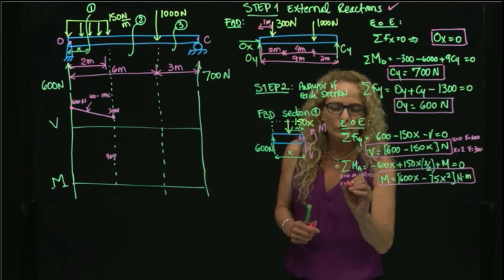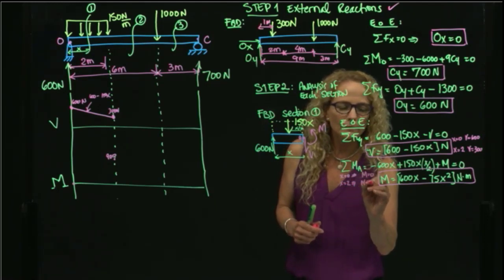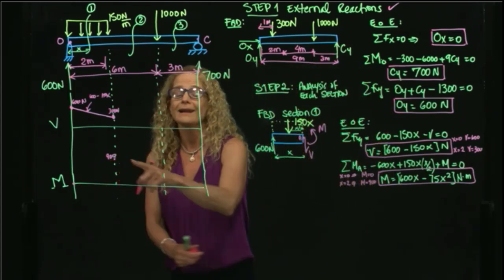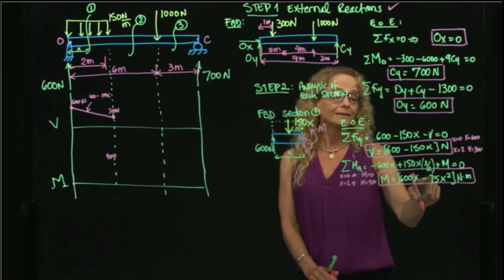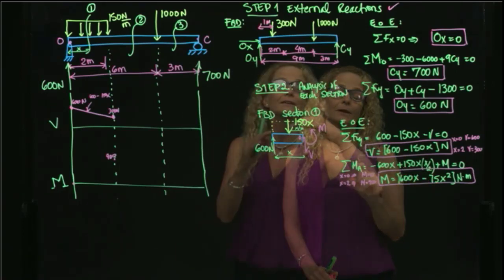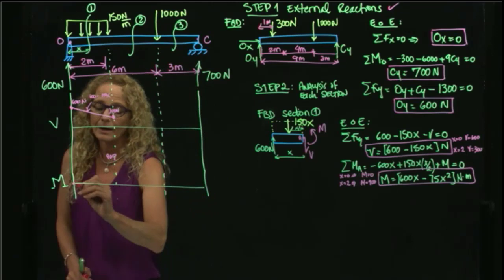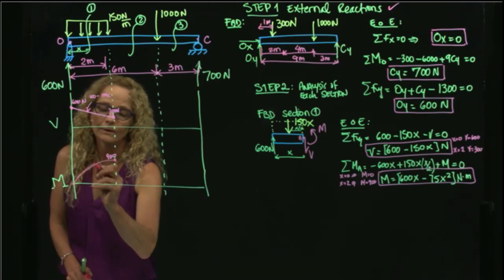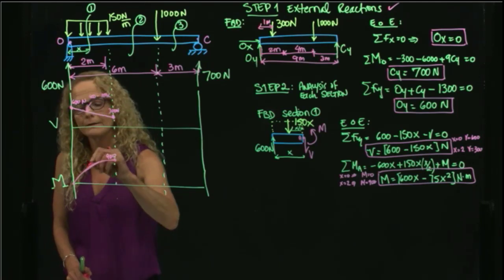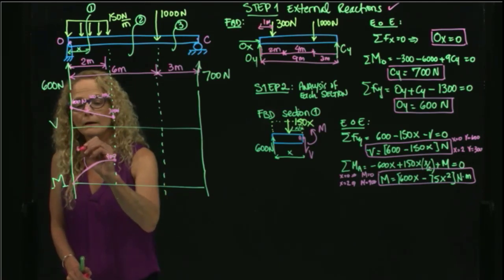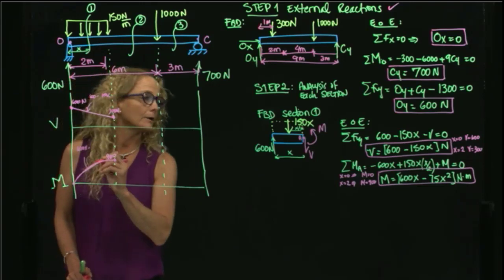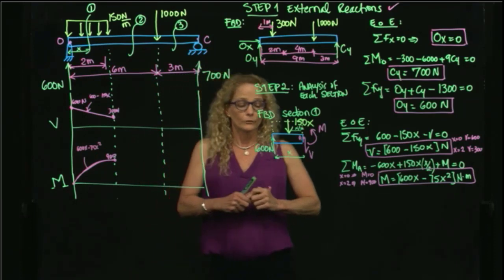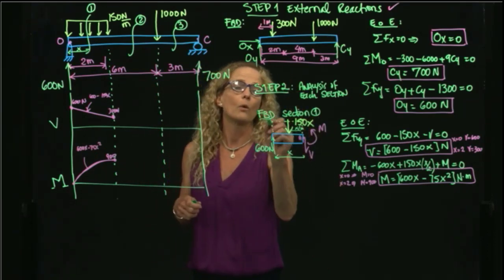And for x equals 2, the moment is equals to 900. How do I go from 0 to 900? I go with a quadratic curve, negative, concave down. So I have right here my curve, right? This is equals to 600x minus 75x squared. Okay, so we did the analysis of section 1.